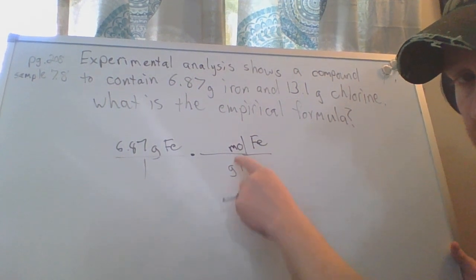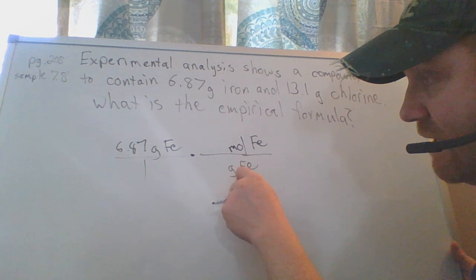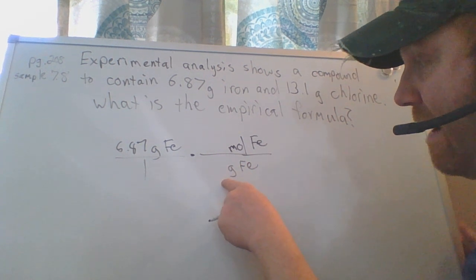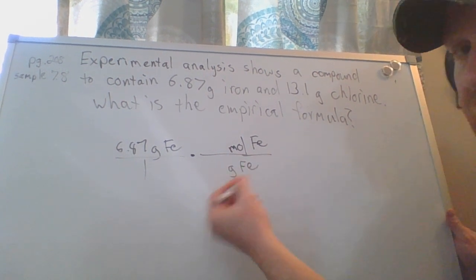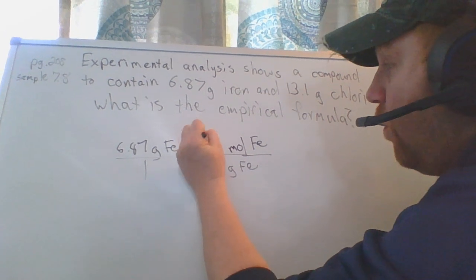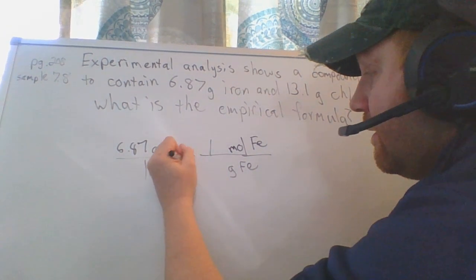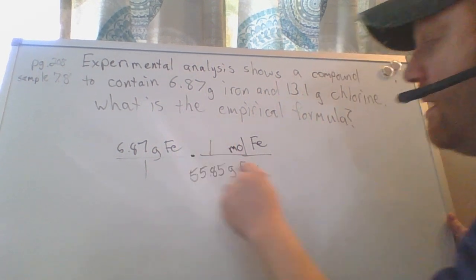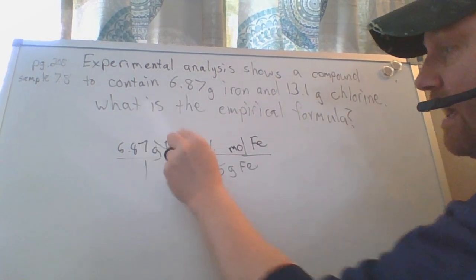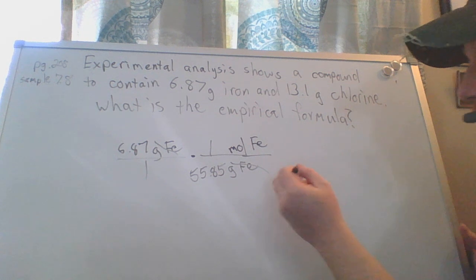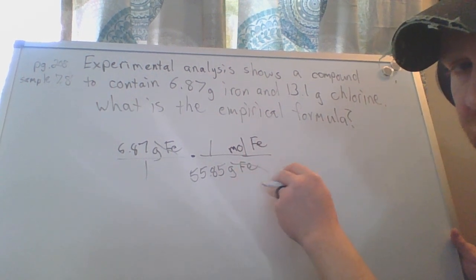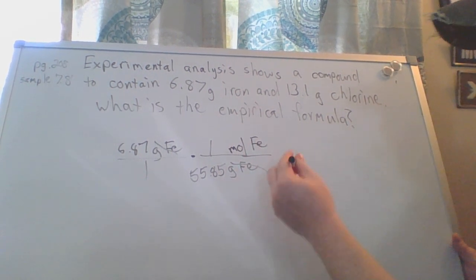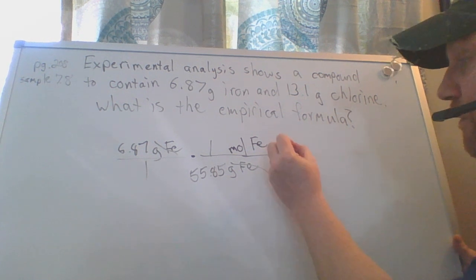This is where we're going from grams to moles. Whenever we need to do that, we need to use the molar mass from the periodic table. It tells us for every 1 mole of iron, there are 55.85 grams of iron. That would cancel out, and we don't need to go any further. We can simply look at how many moles of iron are in front of us.